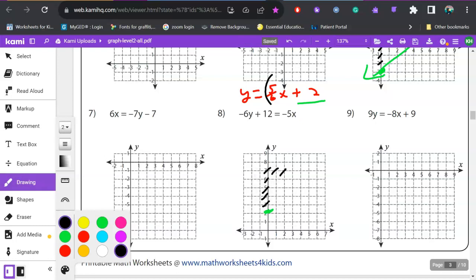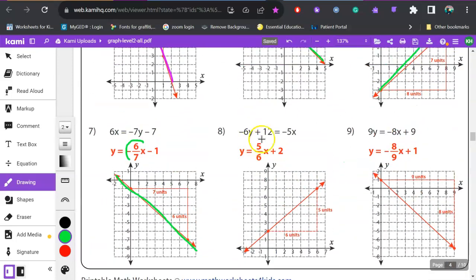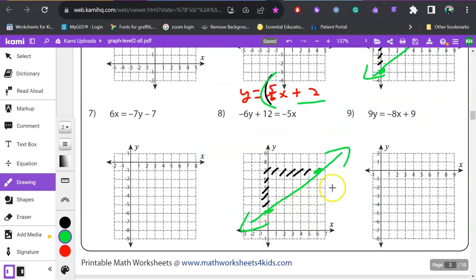Run 6, 1, 2, 3, 4, 5, 6. Putting right here. I can tell that my slope is positive, which is good because I ended up with a positive answer. Let's verify. There we go. Positive slope, positive graph. 5 and 6. And 5 and 6.